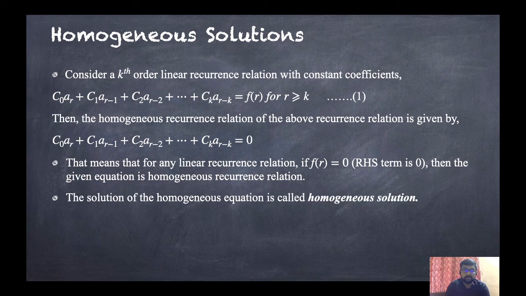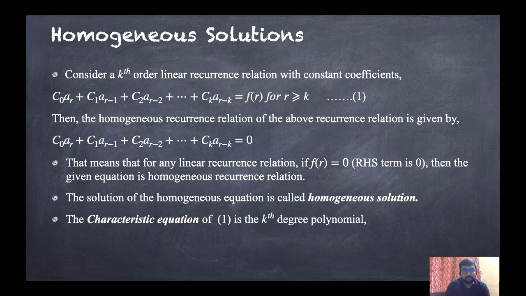Now the solution of the homogeneous equation is called the homogeneous solution. The characteristic equation of the first equation is a kth degree polynomial, and it is given by C0 alpha raised to k plus C1 alpha raised to k minus 1 up to Ck equals 0, where k is the highest order and these are the constants.